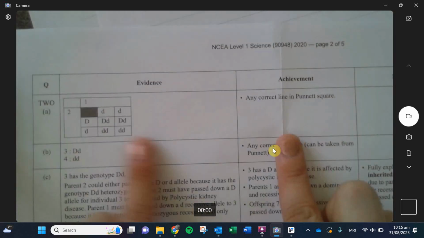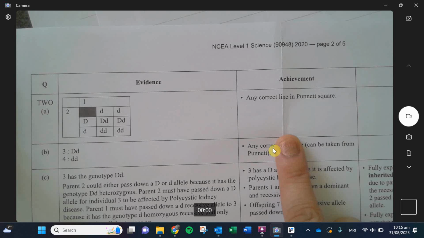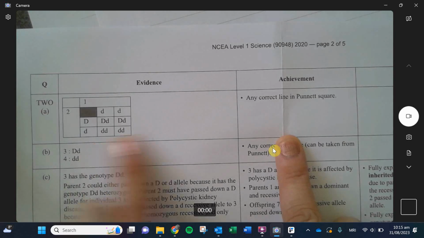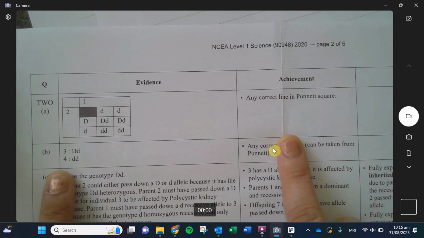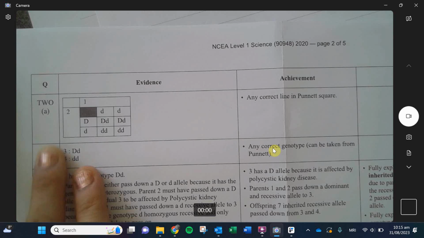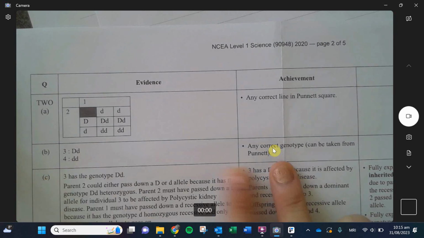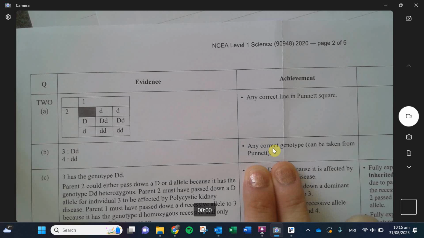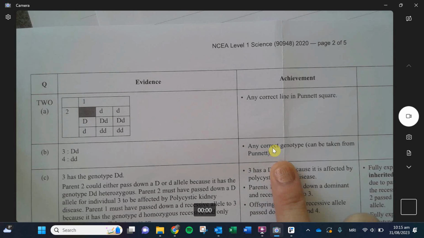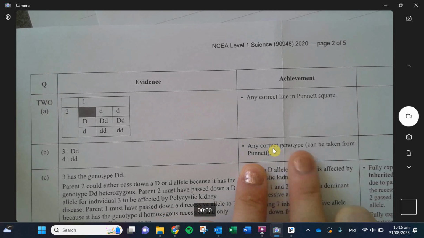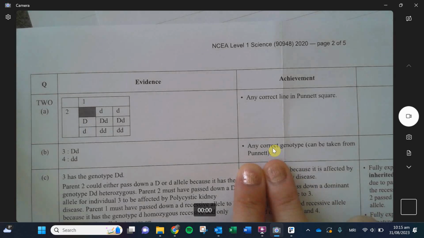Genetics people, FYI, that first question with the Punnett square, if you got that Punnett square correct, that was an achieved point. Second question here, if you got the identification of the genotype, that was also an achieved point. What was also crazy was that with the correct genotype, they also allowed you to take it from the Punnett square.